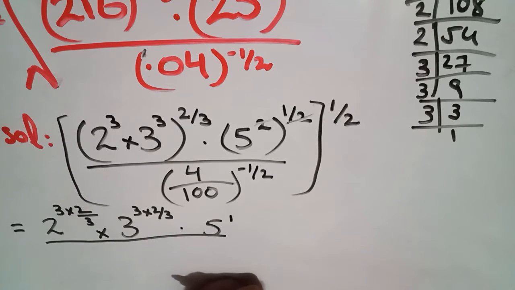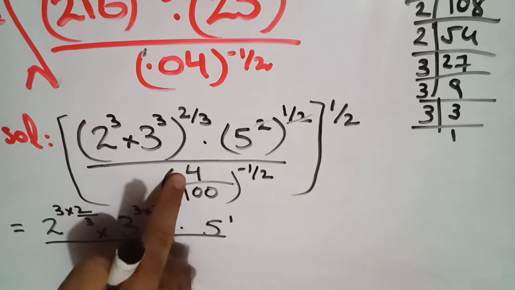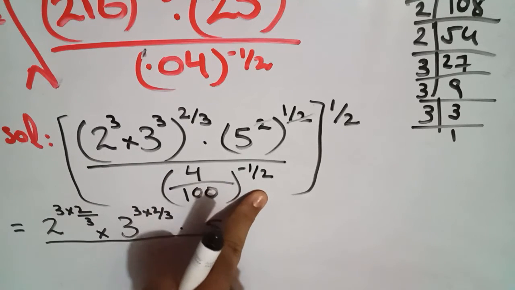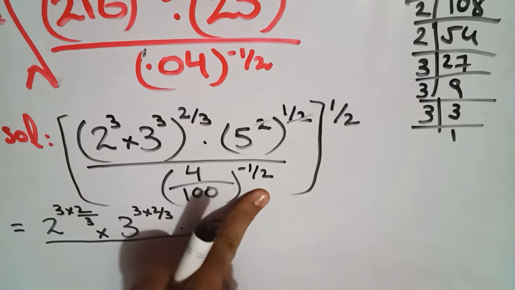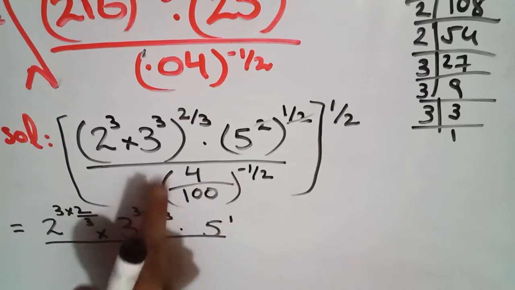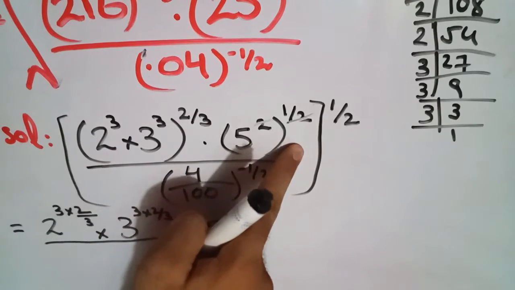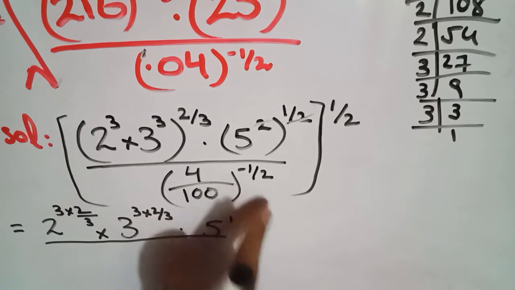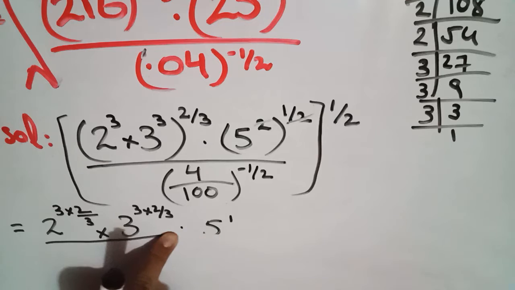over 4. So for making the power positive, you can take this into the numerator. We want to make the power positive, so I am removing the over sign.